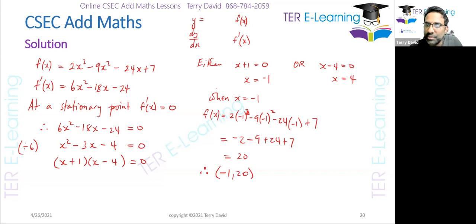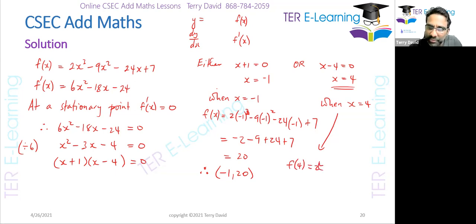Now we need to use this other x equal 4 here to work out my y value for the next coordinate. So when x is equal to 4, now I don't have enough space here, so I'm going to work it at the bottom here. So f of 4 is going to be, let's substitute this here.